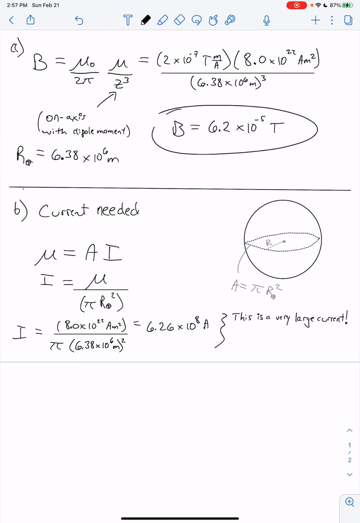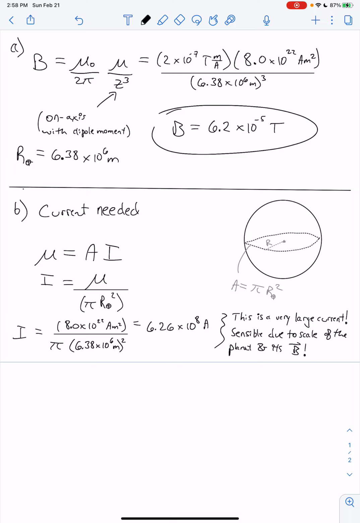But this makes sense. Does that make sense? It's probably sensible due to the scale of what you're trying to produce, due to the scale of the planet and its magnetic field. So this is probably a massive, ambitious undertaking.